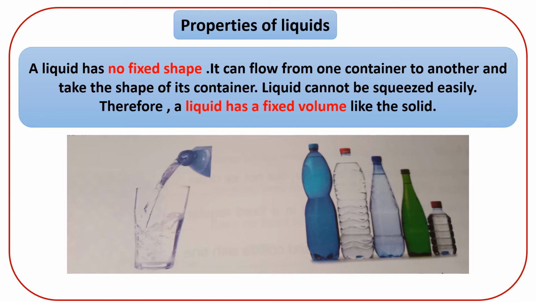As you can see in the picture, water was transferred from the bottle to the glass, and it took the shape of the glass. Do you understand? Liquid can flow from one container to another, and it takes the shape of that container.